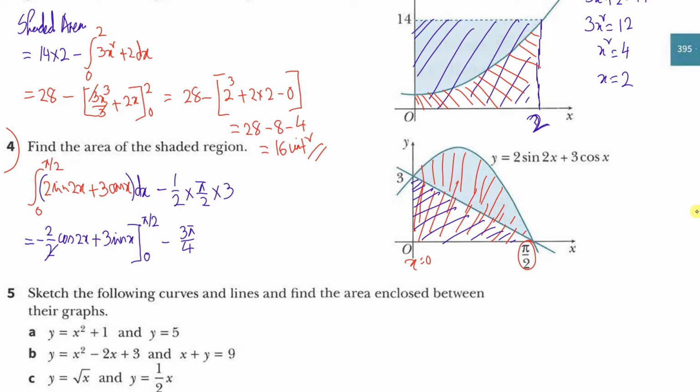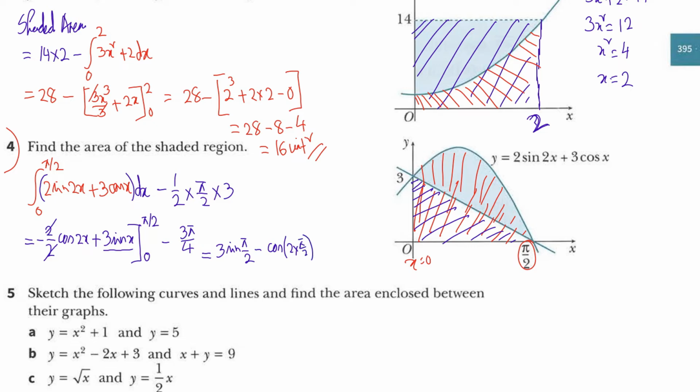Now we need to finish the integration part. We have pi/2, so we can write 3 sine pi/2. We put the limit pi/2 first, then minus cos pi/2 is given here, so we can write 2 into pi/2.